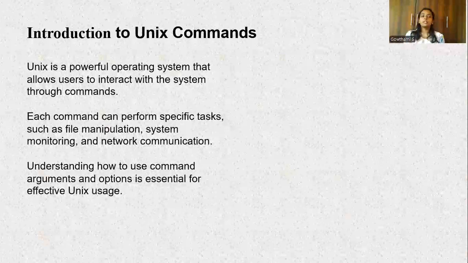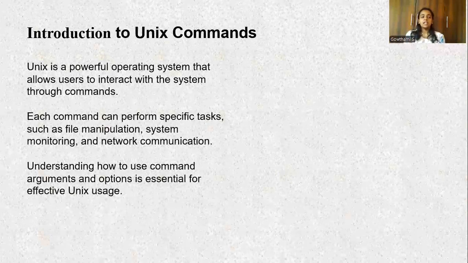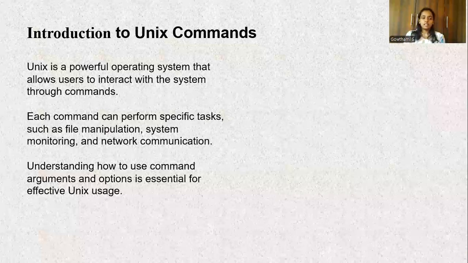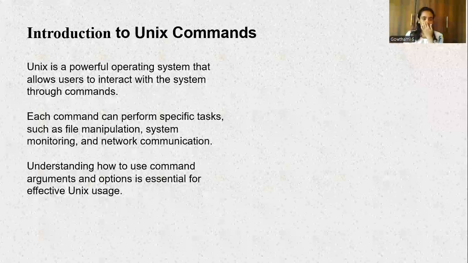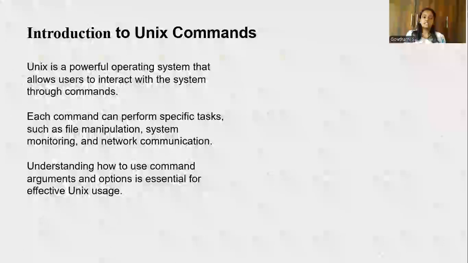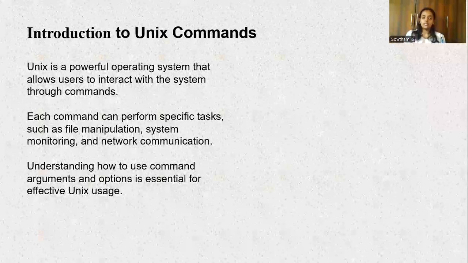Unix is a powerful operating system that allows the user to interact with the system through commands. Each command can perform a specific task, such as file manipulation, system monitoring, and network communication. Understanding how to use the command arguments and options is essential for effective Unix usage.